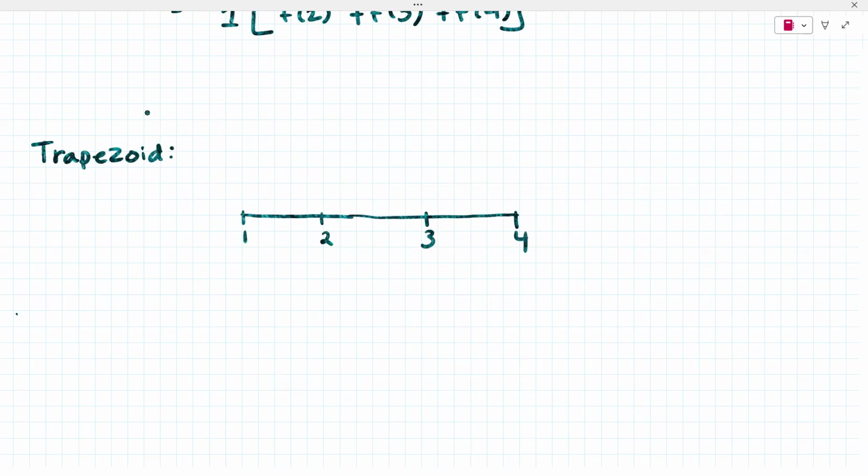And then we're going to make some trapezoids. First trapezoid.